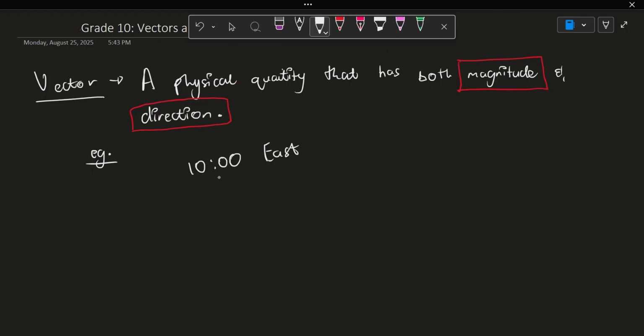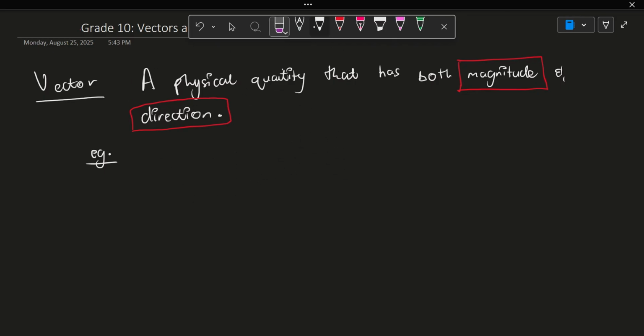Like, what's the time right now? Nah, the time right now is like 10 o'clock to the right. This just doesn't make sense. Or, what time did you wake up this morning? I woke up at like 11 p.m. north. There's no such thing as time with a direction, right? So time is not an example of a vector.